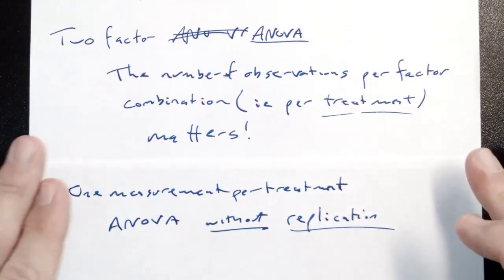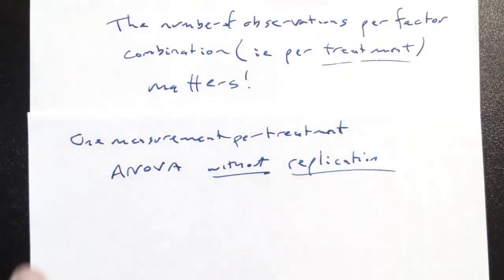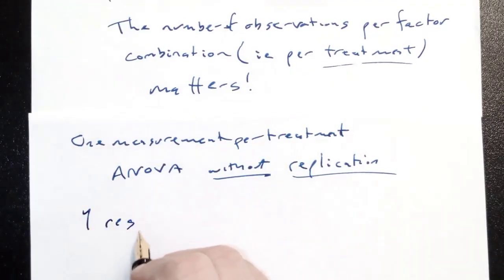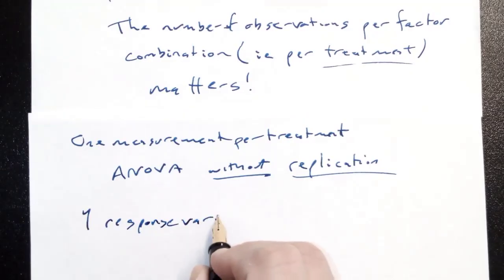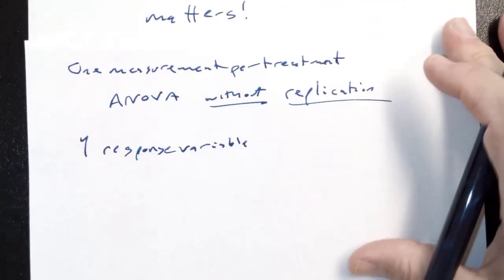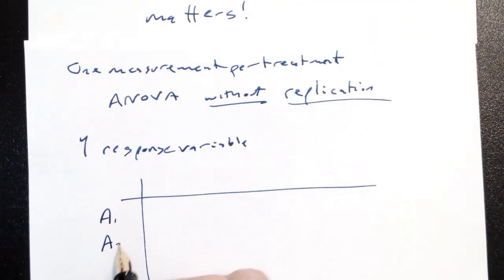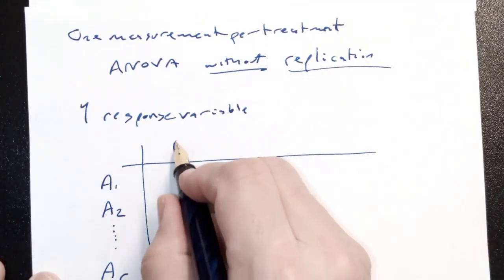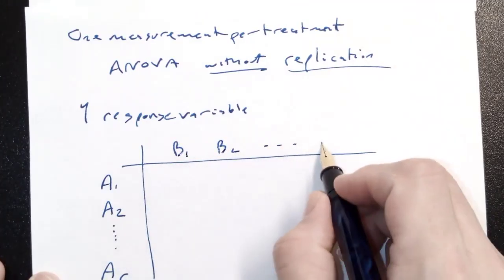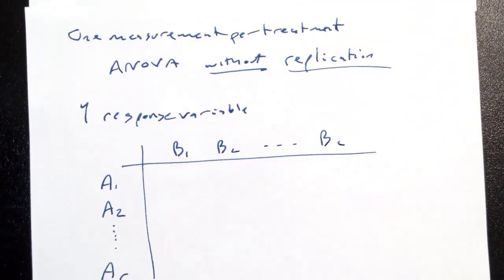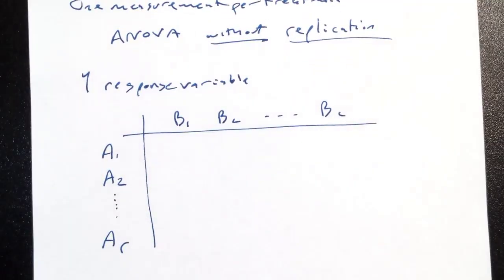So I've got the same idea. I've got my Y value. And then I've got two different kinds of categories. I've got my rows, which I'm just going to call A1 through AR.